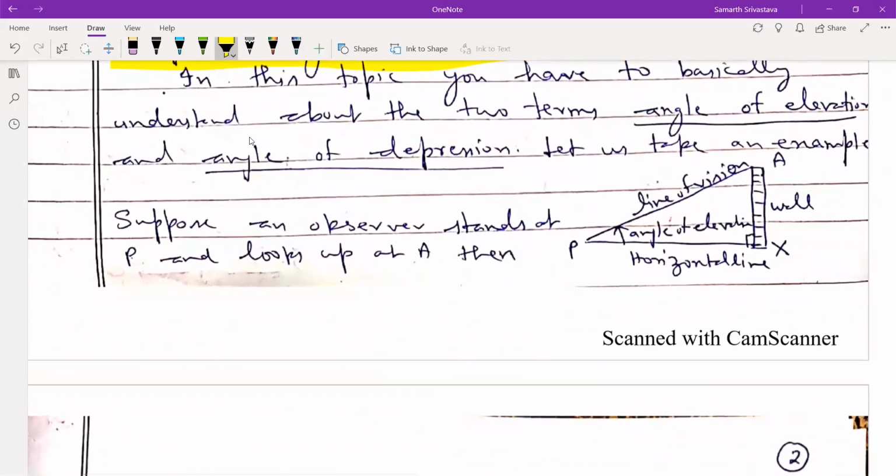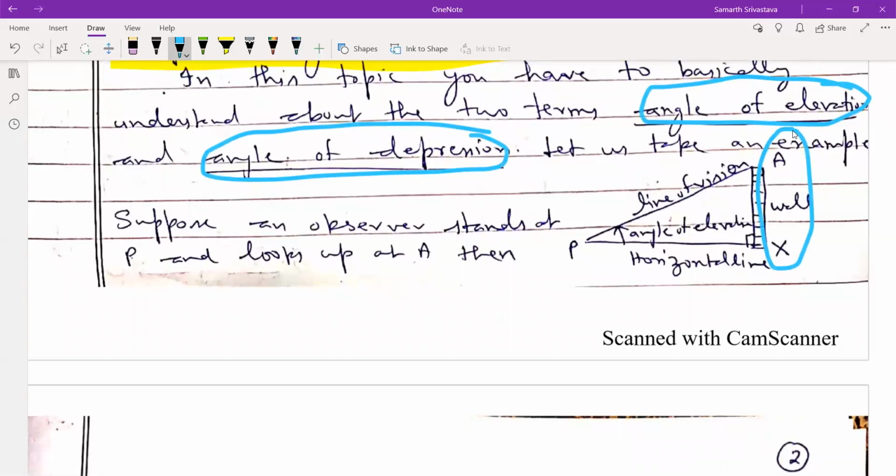In this topic, you have to basically understand two terms, that is angle of elevation and angle of depression. So let us take an example. I have drawn a diagram in which AX is representing the wall, and from point P, if any observer looks up, then the angle formed at P is the angle of elevation.